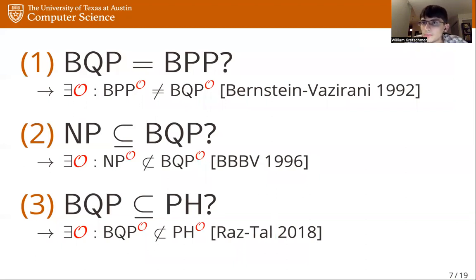And in particular, as I mentioned earlier, is BQP contained in PH? In each of these cases, we at least have some evidence to a negative answer to these questions in the form of some kind of oracle separation that shows that these containments do not hold. So for example, if we look at this first result, which was proved by Bernstein and Vazirani in 1992, this was arguably actually the first result we had of any kind that quantum algorithms, so namely BQP, can do something that BPP cannot efficiently.